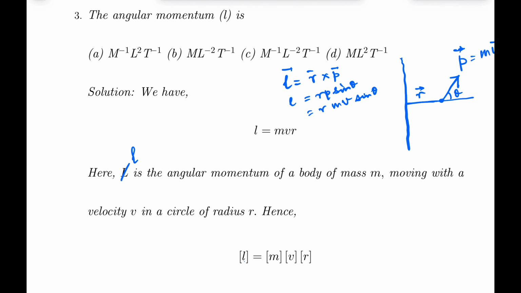We drop sine theta from this expression because sine theta is a dimensionless quantity and is a pure number. So we write L as m v r. Clear? To express the fact that we are interested only in its dimensional formula, we put each quantity in square brackets. So we have [L] equal to [M][V][R].